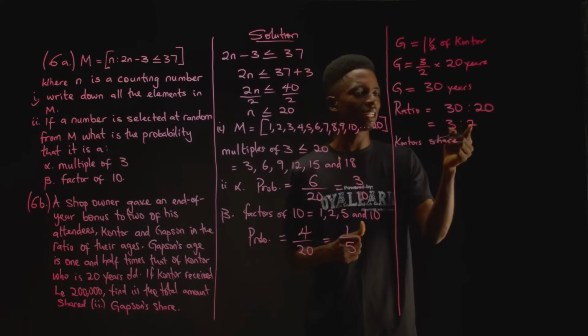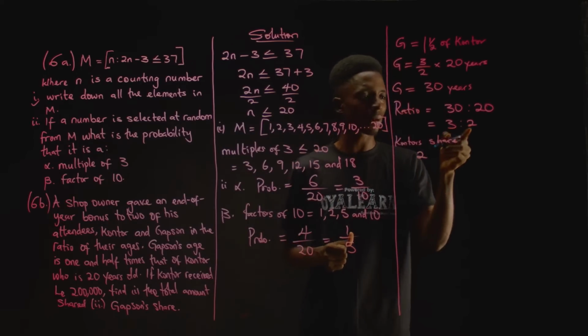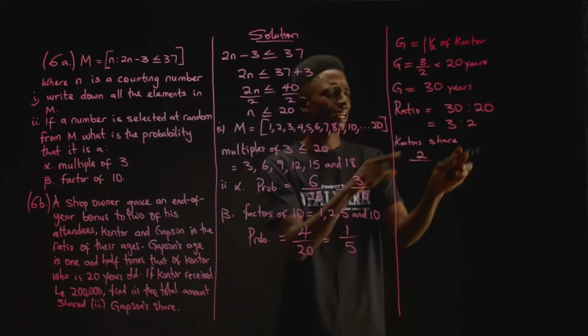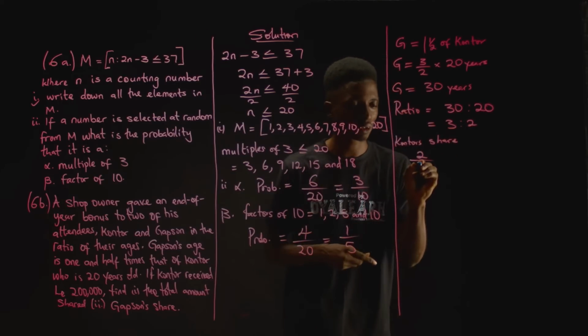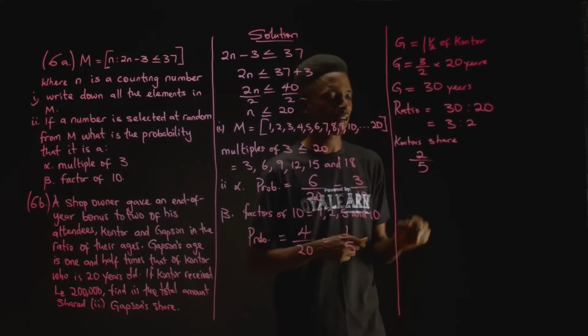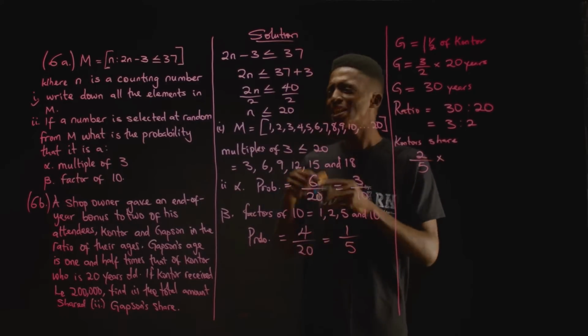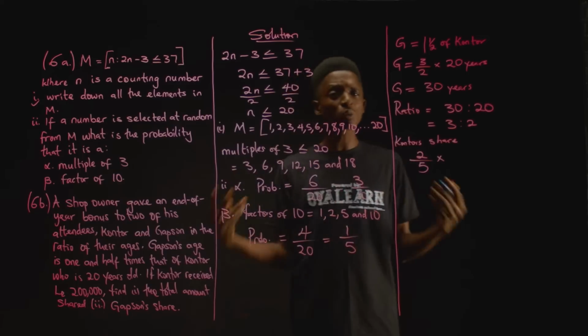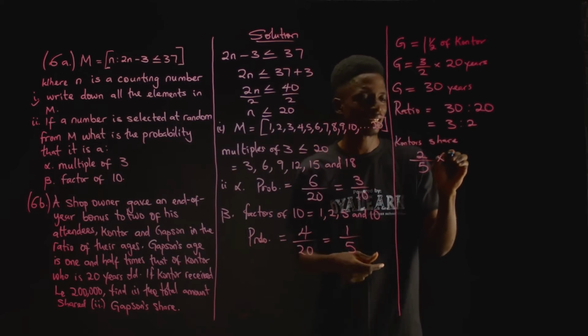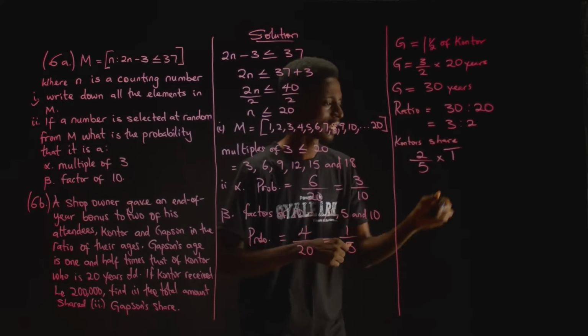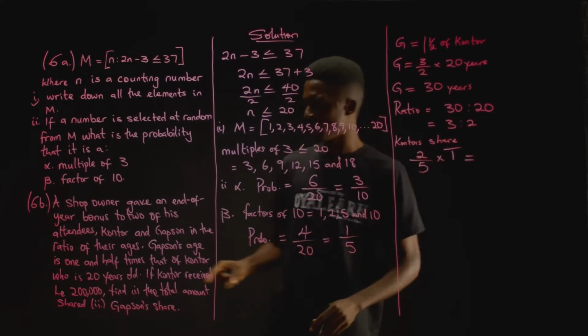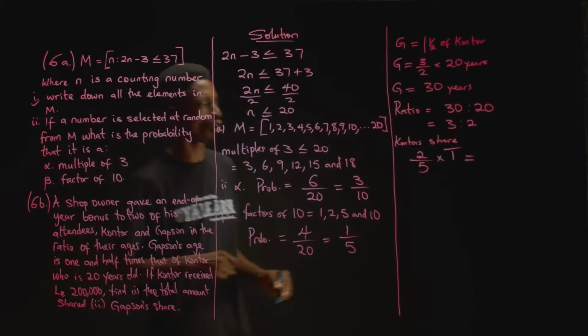Contour's share would have been given as 2, which is his own part of the ratio, divided by the sum of the ratio. 3 plus 2 would give us 5. So this is 2 over 5 multiplied by the total amount shared. So since we don't know that, let's call that T, total amount, right? And all of this gives us his share, which is given in the question as 200,000.